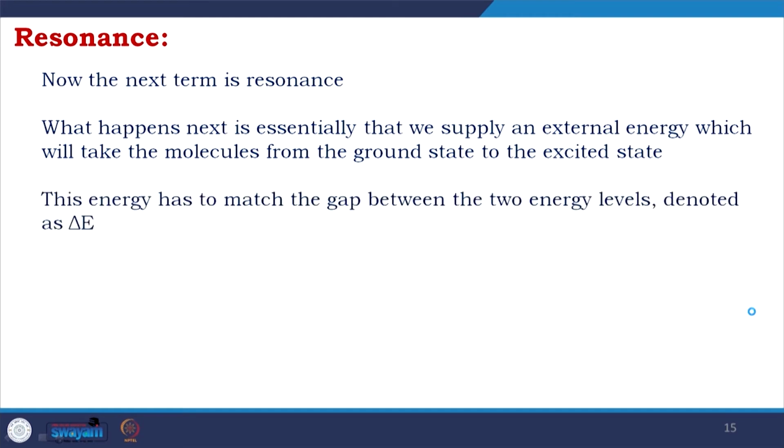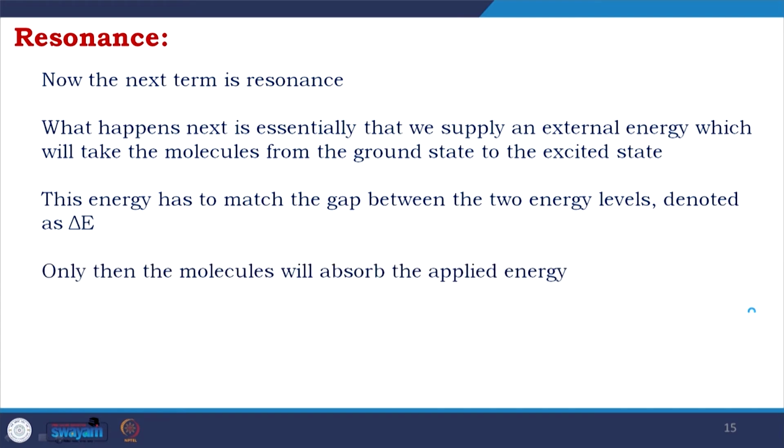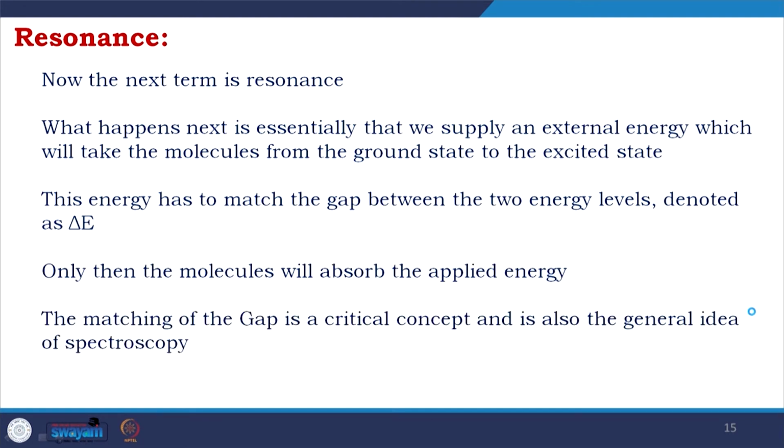So, we have to provide an external energy. This energy has to match the gap between the two energy levels denoted as delta E, and only if it matches will the molecule absorb the applied energy. The matching of the gap is a critical concept and is also a generalized idea of spectroscopy.